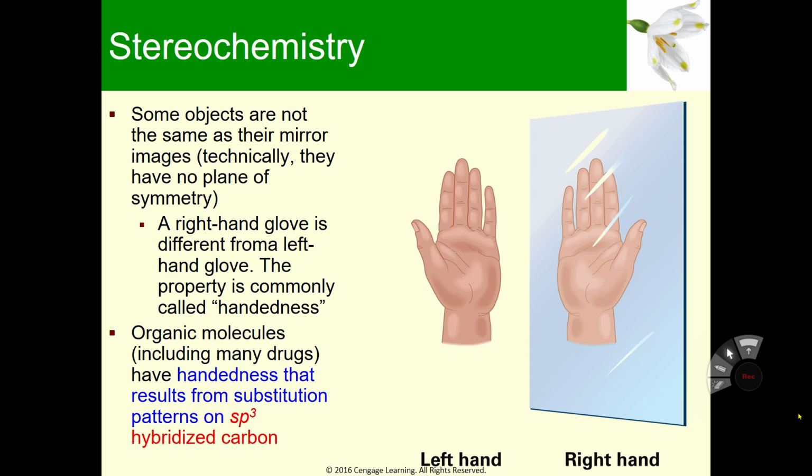For example, your right hand and left hand have handedness. Your gloves also have handedness. Now we are going to apply this concept of handedness to organic molecules, particularly carbon compounds.